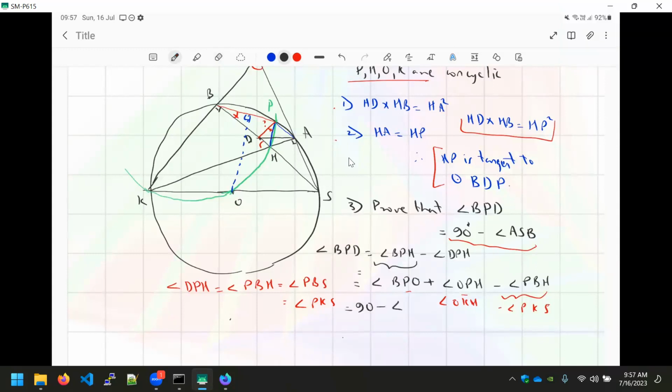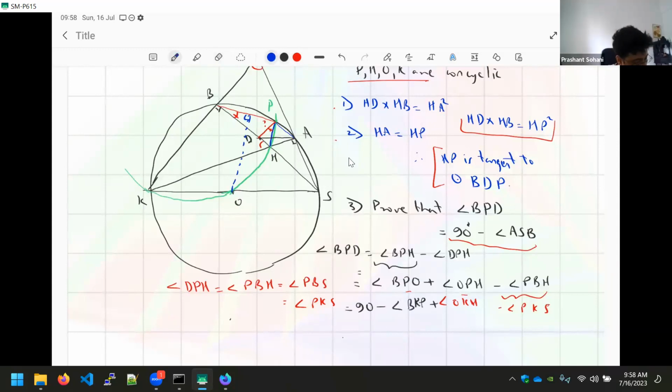So you see how term by term we have manipulated to something else. BPO has become 90 minus BKP. OPH and OKH are equal because they are inscribed in the same arc. And then PBH is equal to PKS. Okay, so we are very close to finishing the problem now.